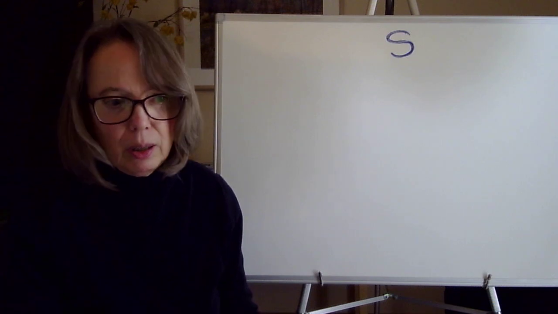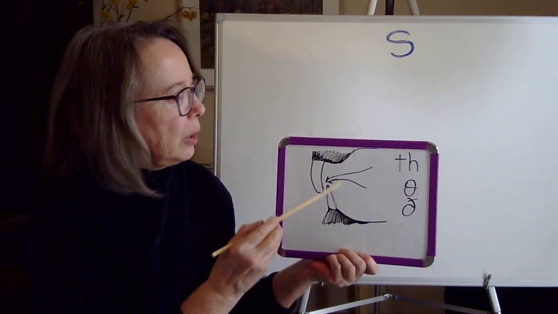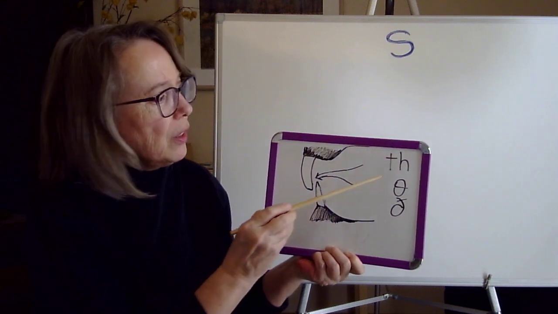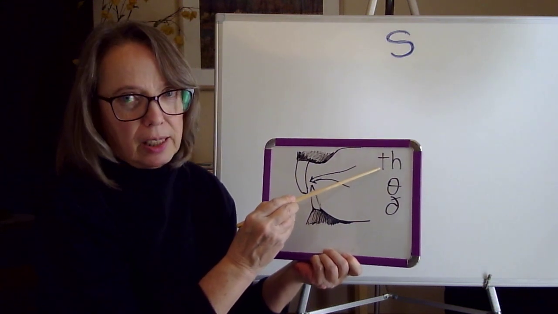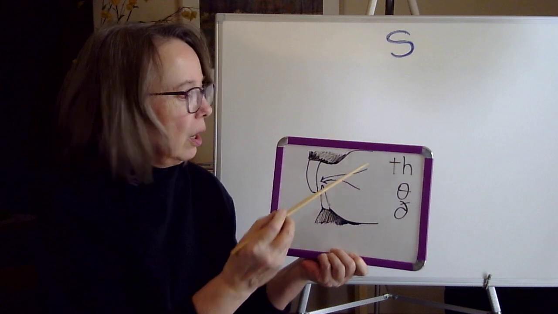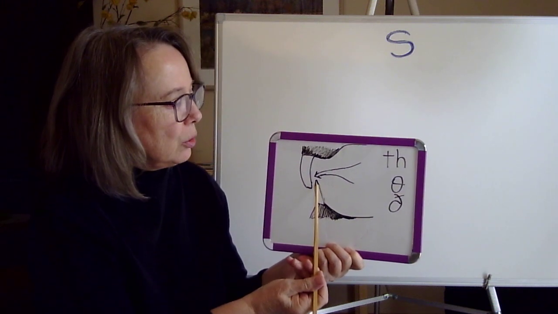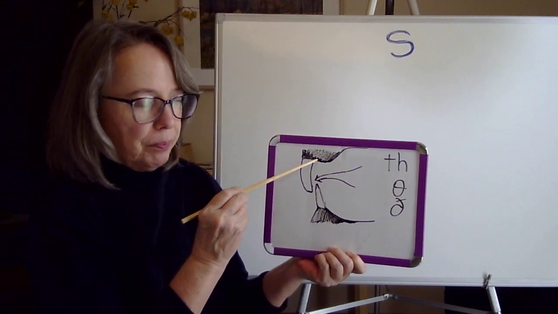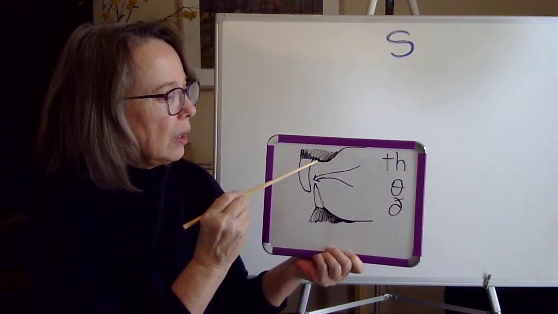Here again, we have the front tooth, the bottom tooth. In the case of producing the TH sound, the bottom tooth is lower. So you see there's a bigger space here, from here to here.